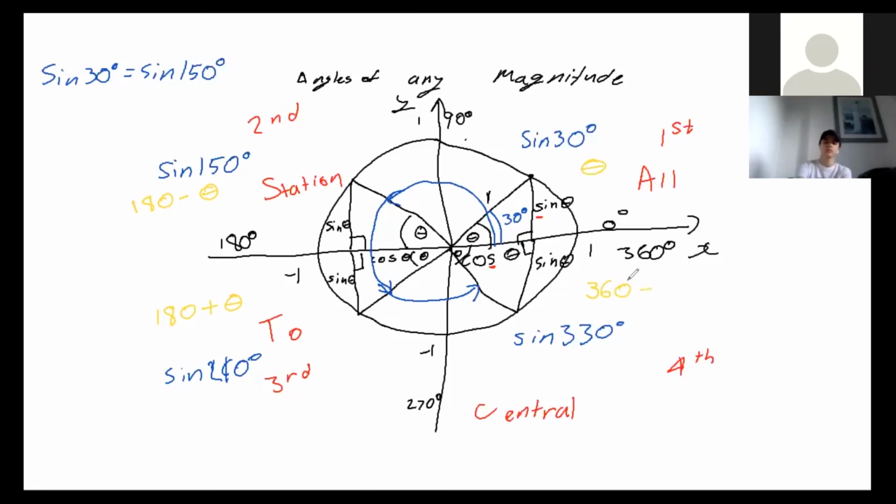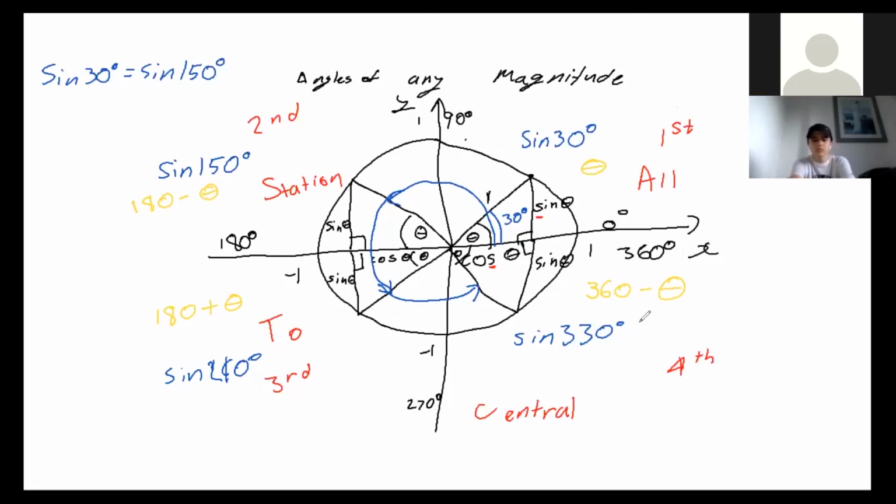Perfect. So you did 360 minus theta, right? So in the first quadrant, it's theta. In the second, it's 180 minus theta. And in the third, it's 180 plus theta. And finally, in the fourth, it's 360 minus theta.